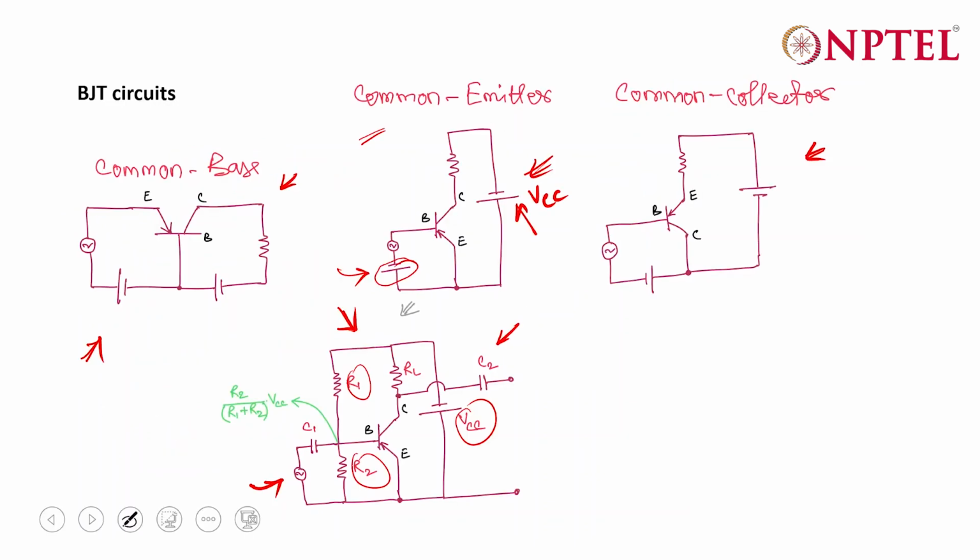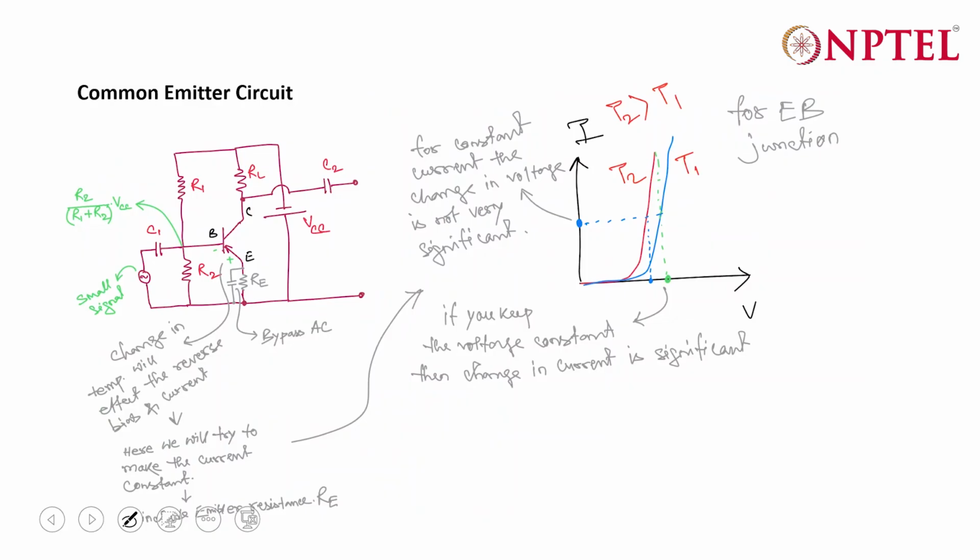So in all the cases, you will find that temperature will play an important role, and temperature will increase because in the device there are currents, and current will dissipate inside the device as a power, and that will generate heat. So that heat will definitely increase the temperature in different junctions.